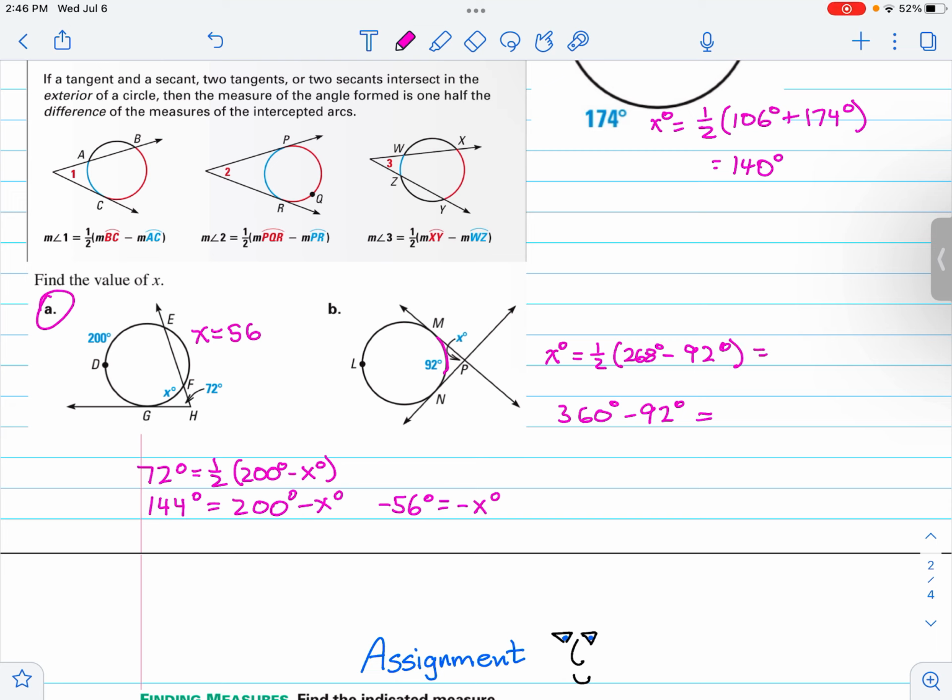So we've got 268 minus 92, and if I take 1/2 of that, I get 88. So x must be 88 degrees. There you have it.